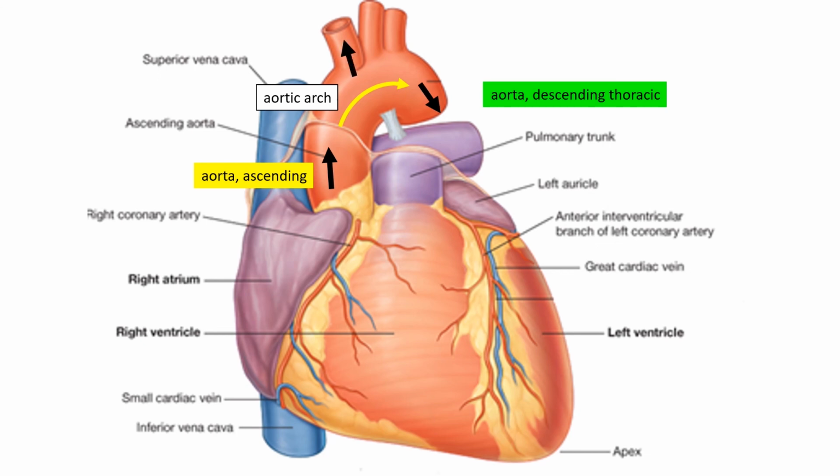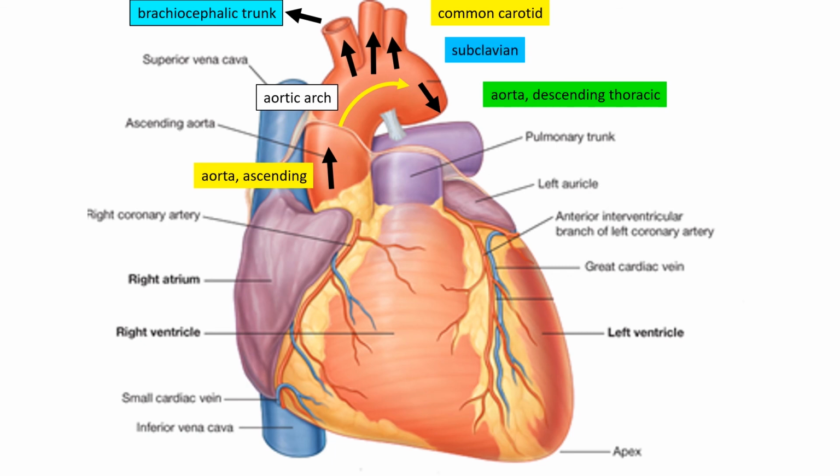Now, we come back to the arch of the aorta. The arch is going to give, on the right, an artery. This artery is going to be called the brachiocephalic trunk.